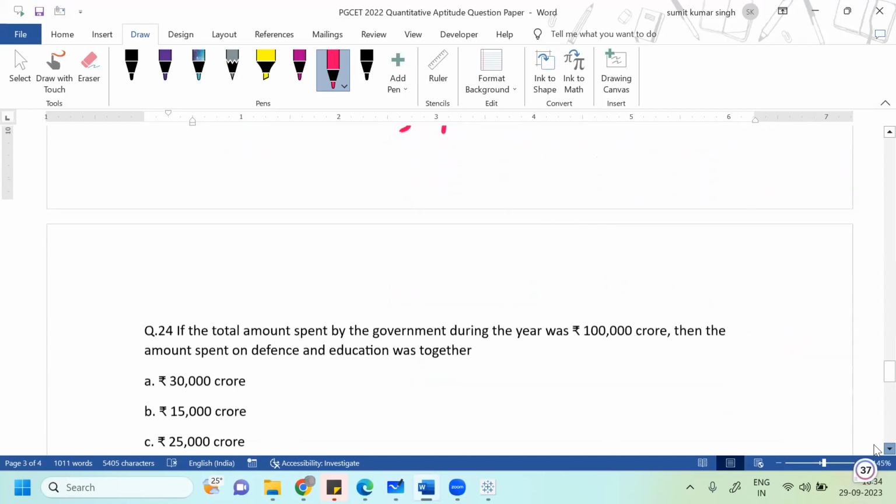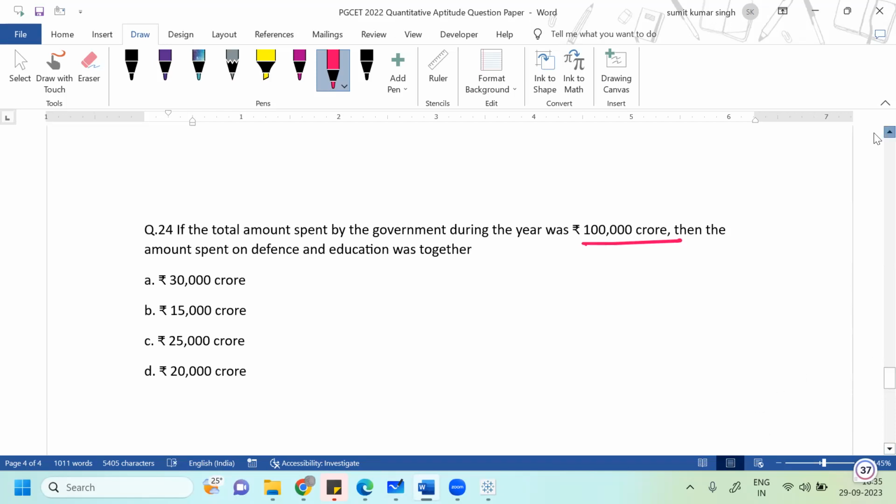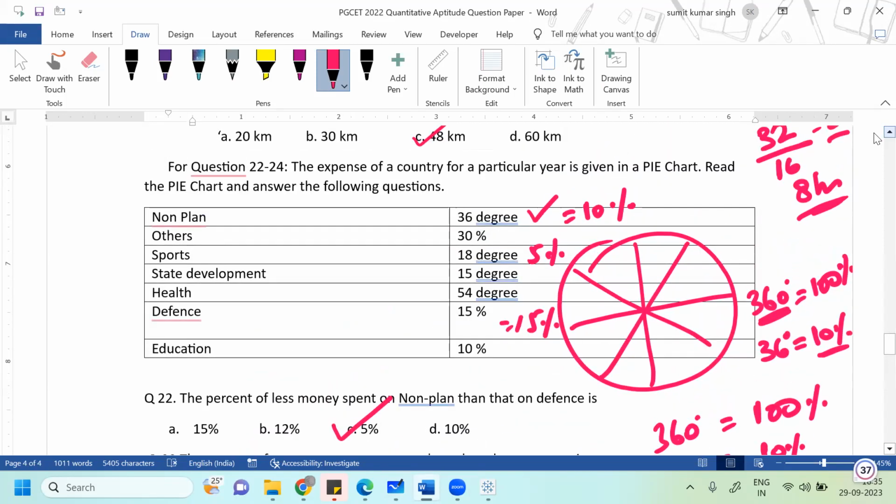Yeah. Then the next question: if the total amount spent by the government during the year was 1 lakh crore, then what is the amount spent on defense and education? Defense is 15 and education is 10, so the total is 25. 25 is 1/4 of 100.